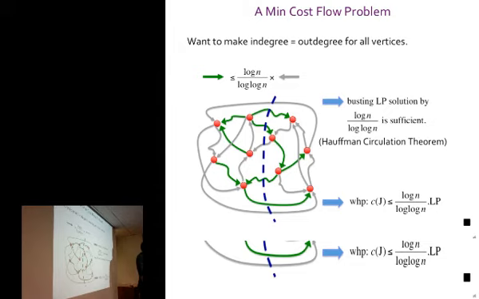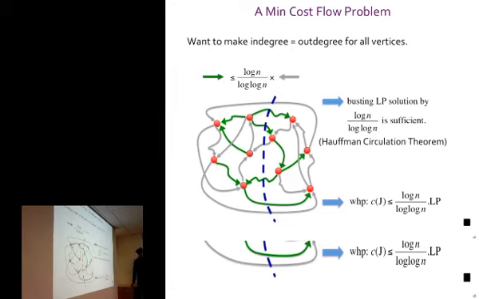So if he boosts that z variable by log n over log log n, then he knows by the circulation theorem that he can find the edges going back that are going to complete the cut. So the nice property is that I can say the tree looks like the LP. It has some imbalancedness, and I can use the LP to make it correct. And you're going to use the boosted z variables as capacities in the flow process. Exactly. Got it.